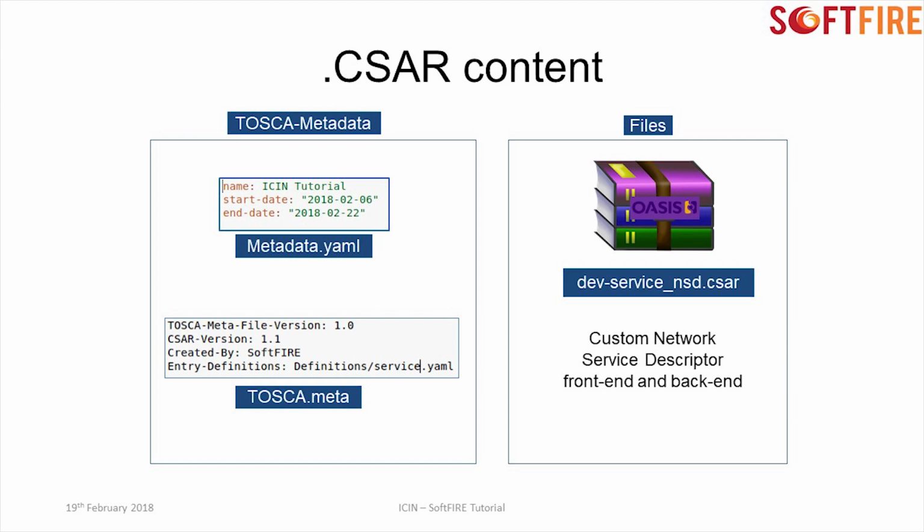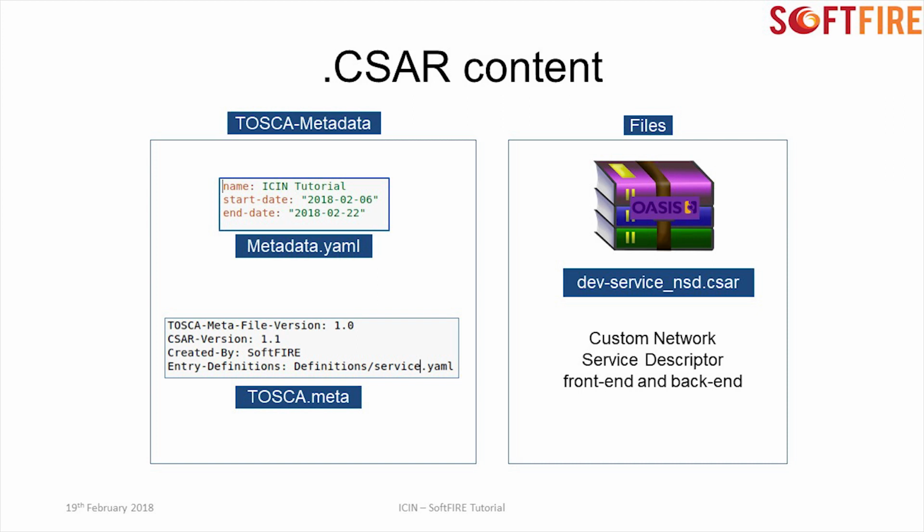Then we have the TOSCA.meta that contains information related to the version of the experiment and the name of the experiment definition. In this case, service.yaml that I showed previously.